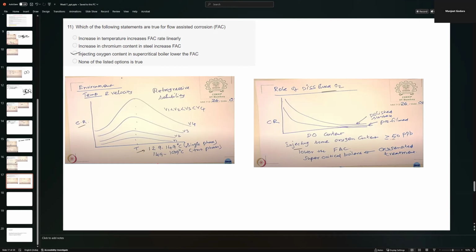It's kind of like he mentioned in the session, like critical current density, where you're providing oxygen for the reaction and crossing that barrier. With sufficient oxygen present, it will form a passivation layer and prevent flow assisted corrosion.